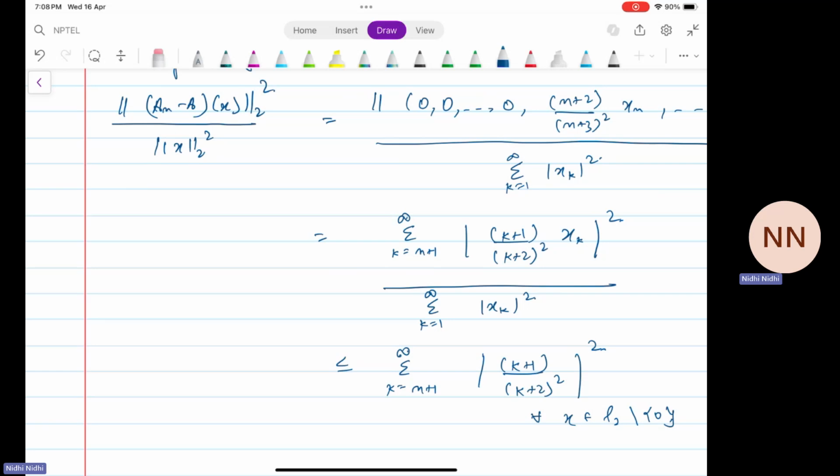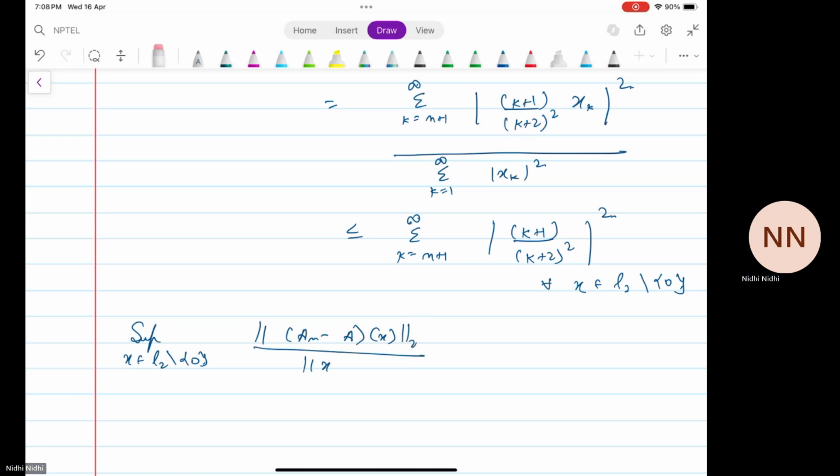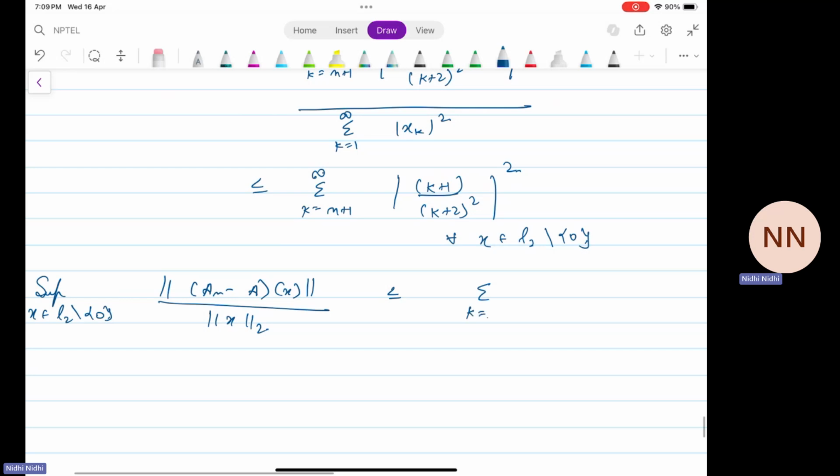Therefore, since the right hand side is independent of x, we can take the supremum. The supremum over x belonging to L2 minus the singleton 0 of the norm of (A_n minus A) x by the norm of x is less than or equal to the summation k from n plus 1 to infinity of ((k plus 1) by (k plus 2)) squared, squared, whole to the power 1 by 2.